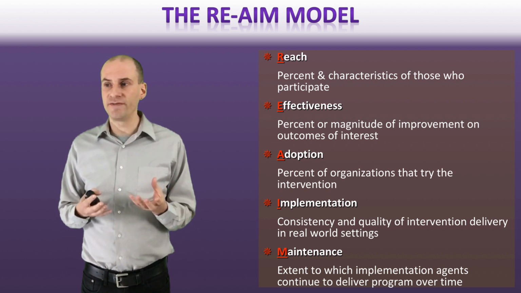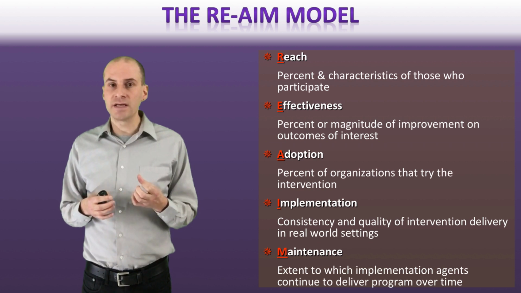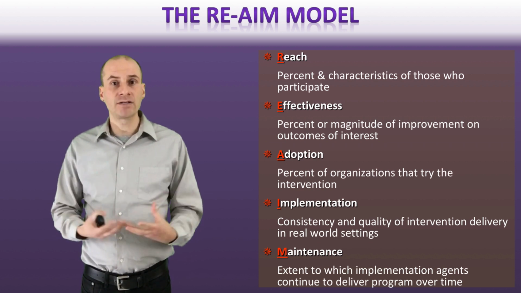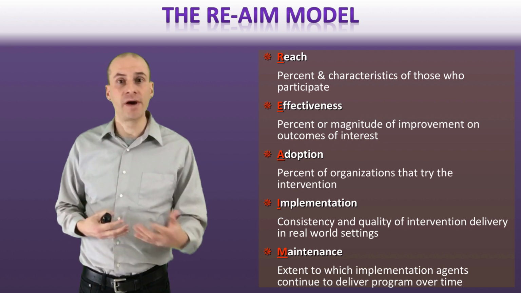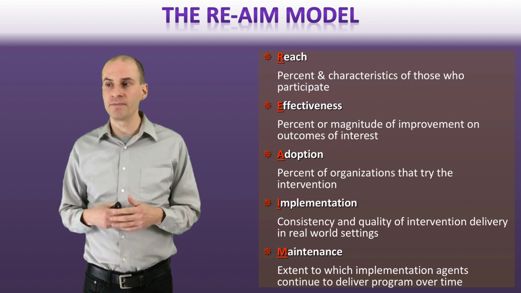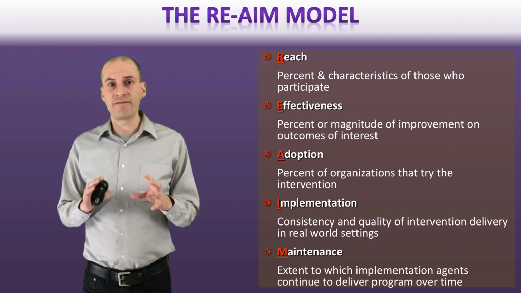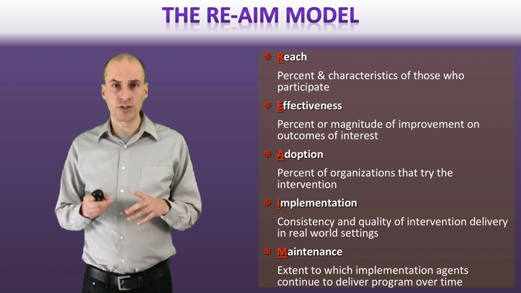The second question is effectiveness. And effectiveness is the actual magnitude of the impact of this public health intervention on the health outcome that you're interested in. Okay. So effectiveness is different than efficacy, and I will talk about that shortly.